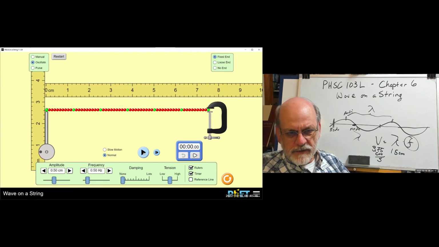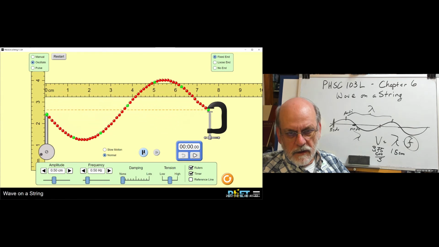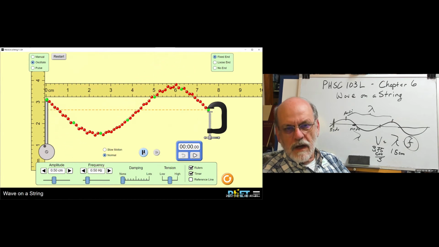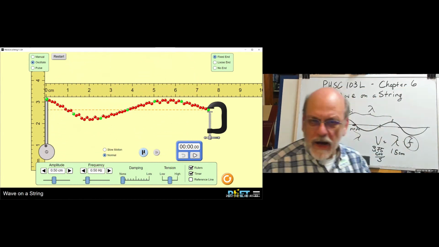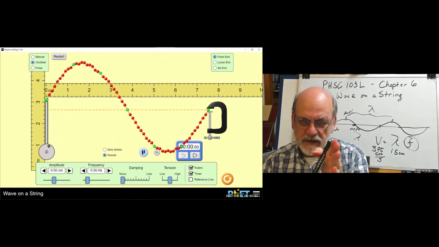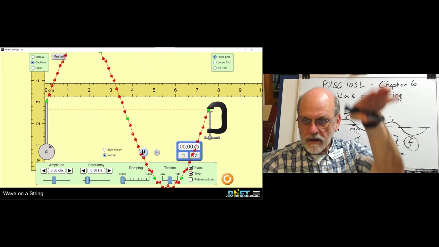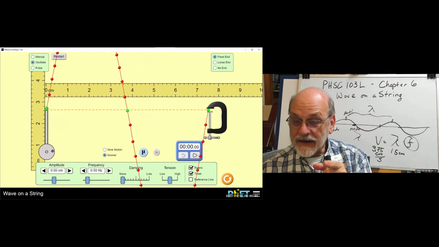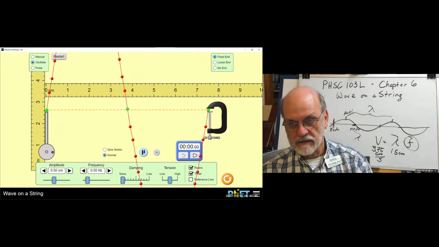So let's see what happens. All right. Every once in a while, you'll see the center of that wave, that green ball, fixed. And you'll see the waves oscillating this way. That is the second harmonic.